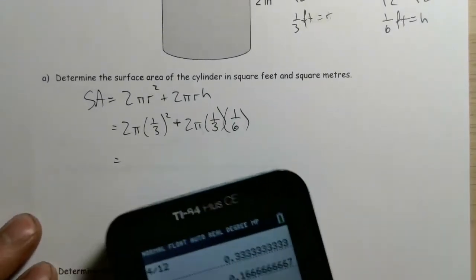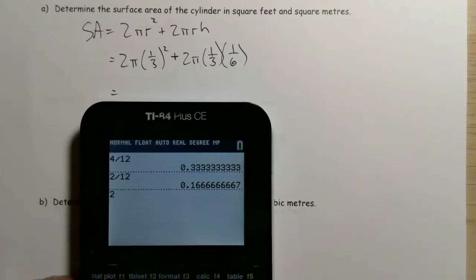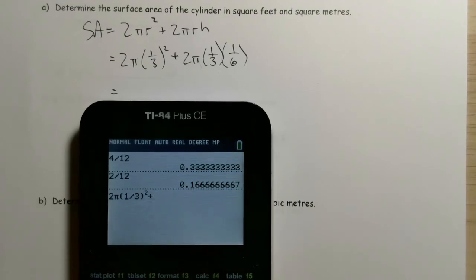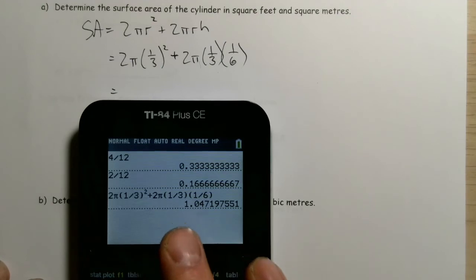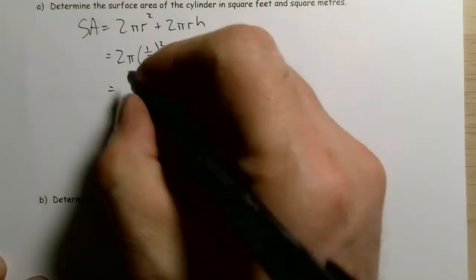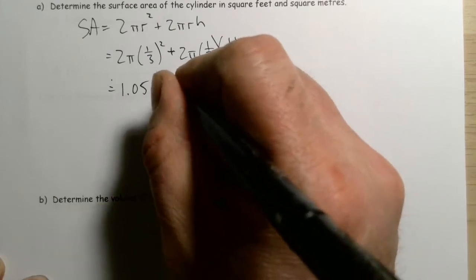I've got these things sitting in my calculator, so here we go. 2 pi times 1/3 squared, plus 2 times pi times 1/3 times 1/6. And just so that this is clearer, I'm going to round that to the nearest hundredth, so 1.05 feet squared.